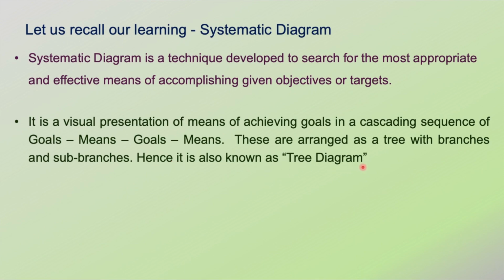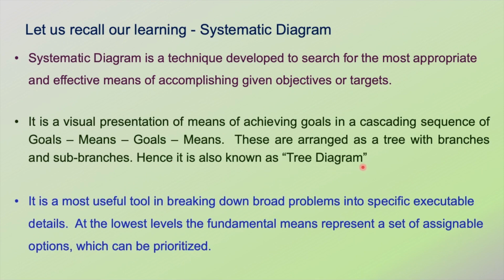Systematic diagram and tree diagram are one and the same. It is a most useful tool in breaking down broad problems. If the problem is very big, we break it into small chunks, and those chunks become specific executable details.